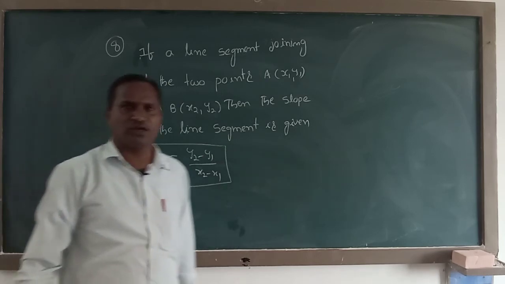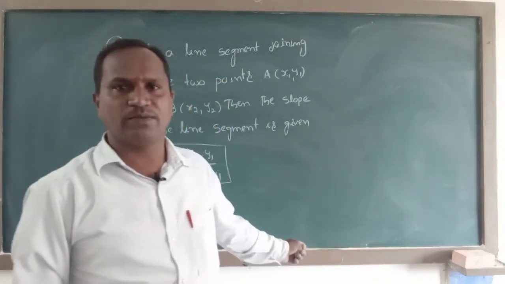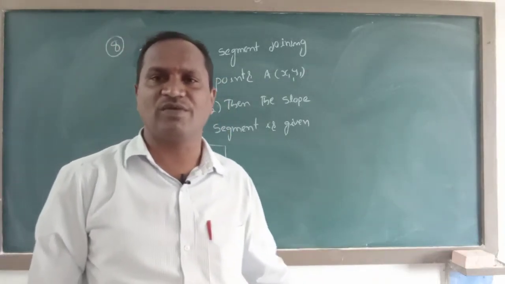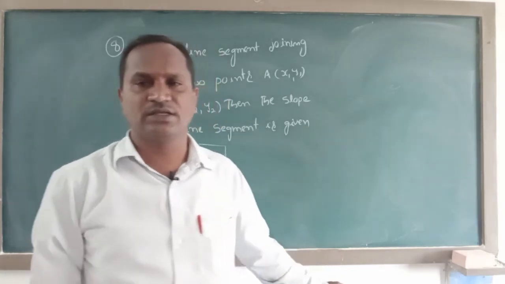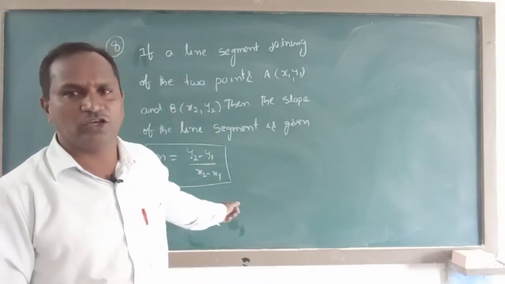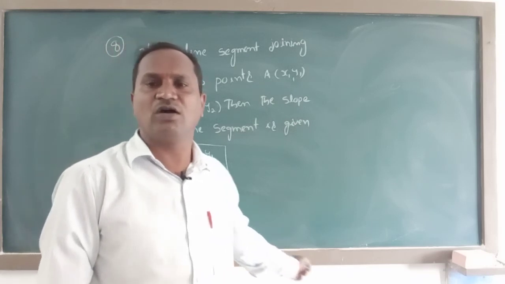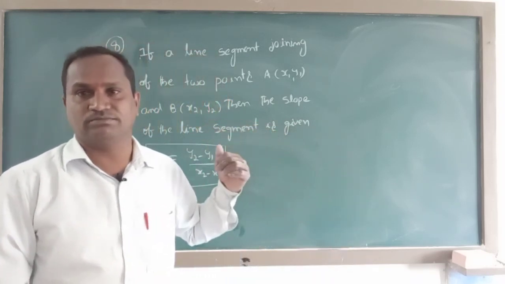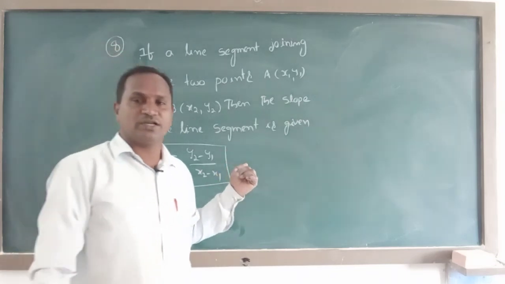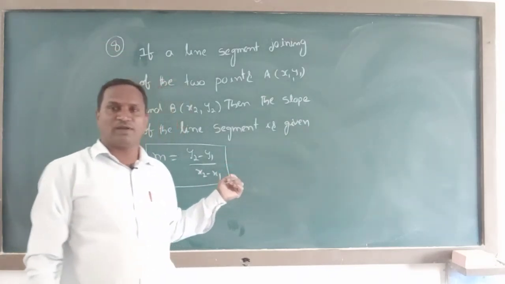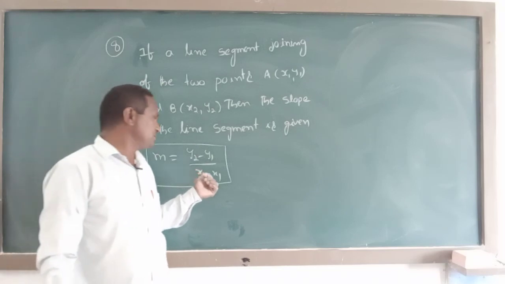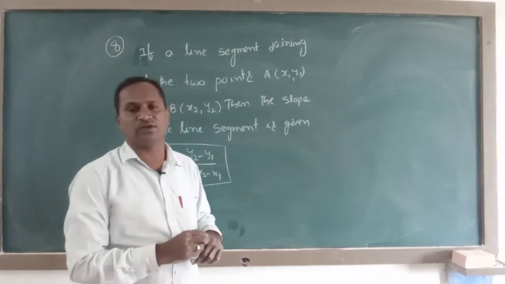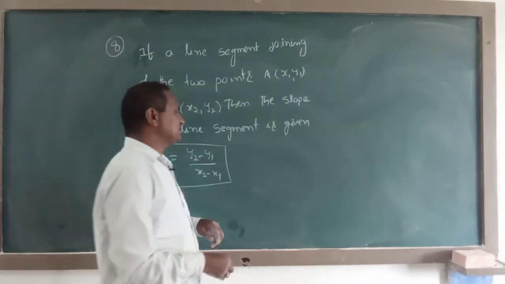If a line segment joins 2 points, at that time we apply this formula. From the next class onwards I will tell you the proof of this formula also, because we call it the slope theorem. If a line segment joins 2 points, then the slope of the line segment is m equal to y2 minus y1 whole divided by x2 minus x1.